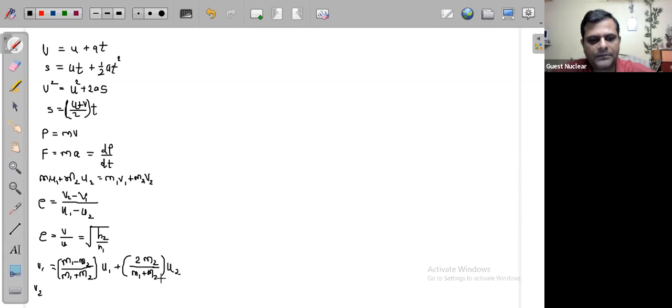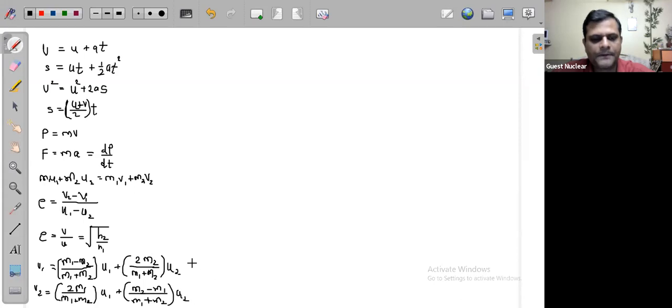In the same way, here we have the formula for v2 also, that is 2m1 upon m1 plus m2 into u1, plus, and here it will be m2 minus m1, divided by m1 plus m2, into u2.